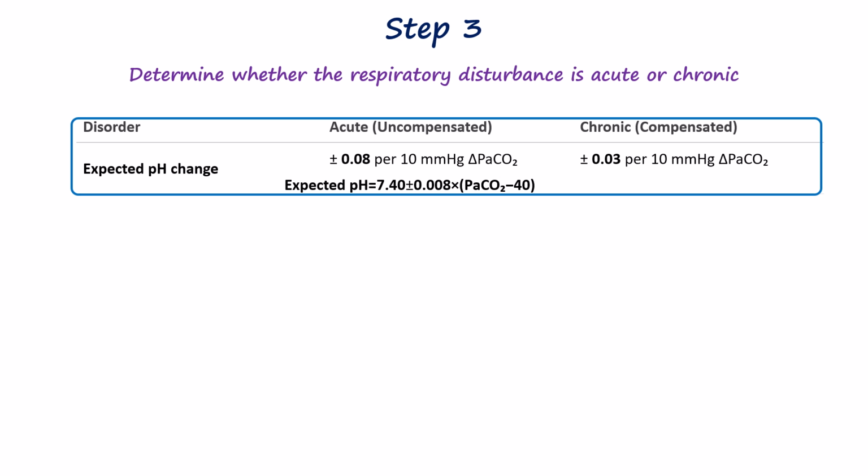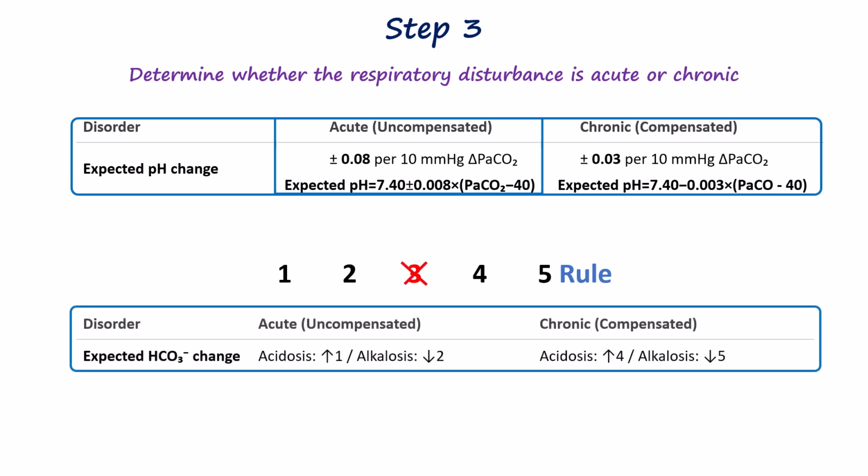In chronic respiratory disorders, the pH change is much smaller, only about 0.03 for the same change in CO2 levels, because over time the kidneys adjust bicarbonate levels to maintain a near normal pH. To confirm whether the respiratory disturbance is acute or chronic, we can also cross-check the expected change in bicarbonate levels alongside the pH shift.